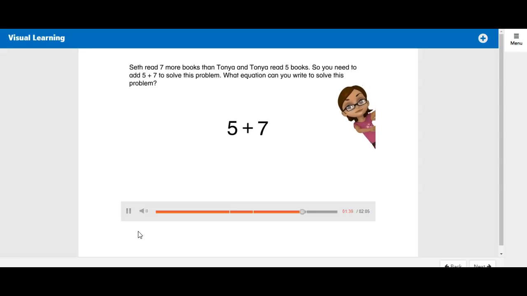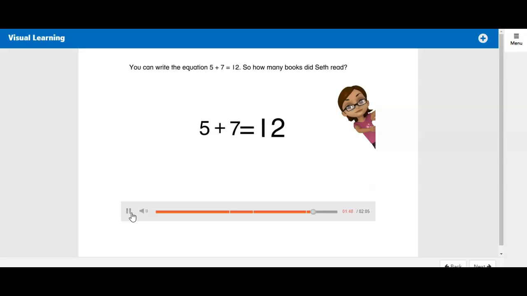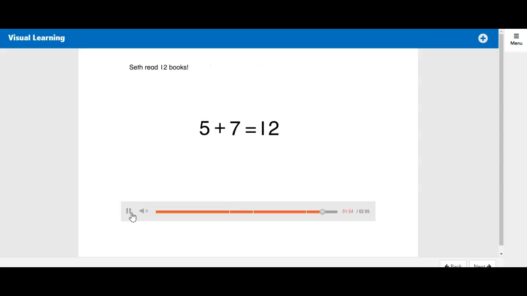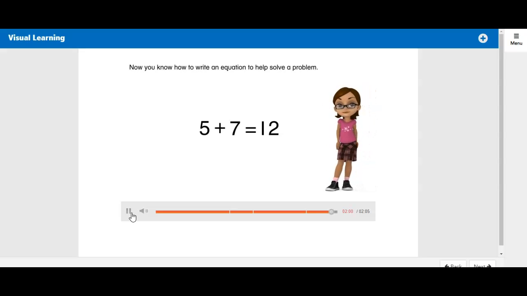What equation can you write to solve this problem? You can write the equation 5 plus 7 equals 12. So how many books did Seth read? Seth read 12 books. Now you know how to write an equation to help solve a problem.